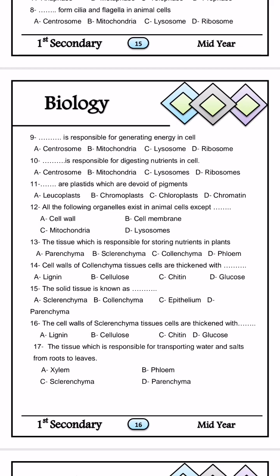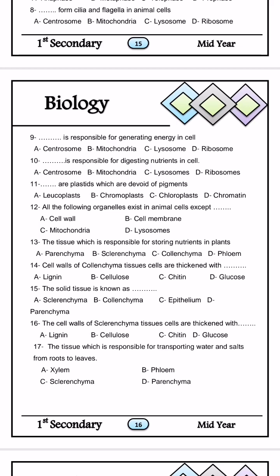Number 13. The tissue which is responsible for storing nutrients in the plant: parenchyma, sclerenchyma, collenchyma, phloem. The answer is parenchyma. Number 14. Cell walls of collenchyma tissue are thickened with lignin, cellulose, chitin, or glucose. The answer is B, cellulose.